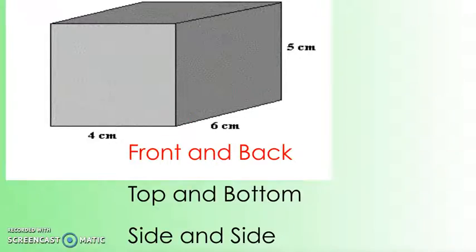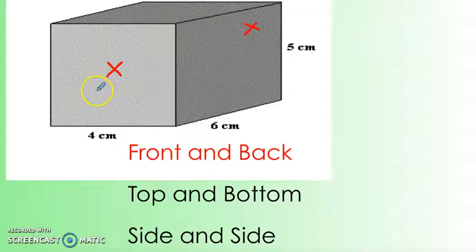This is the front, and the back would be straight across from here, right behind it. Can you tell me, how could I find the area of this rectangular shape?